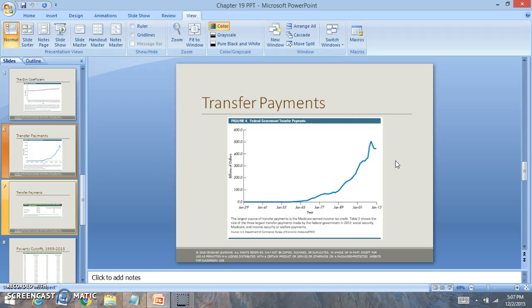Transfer payments are unemployment checks, Social Security benefits, and disability benefits. All of those create a big gap in our economy. And the big gap that we're focused on is the transfer of wealth from rich to poor.